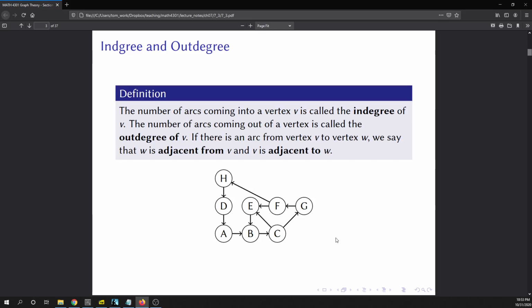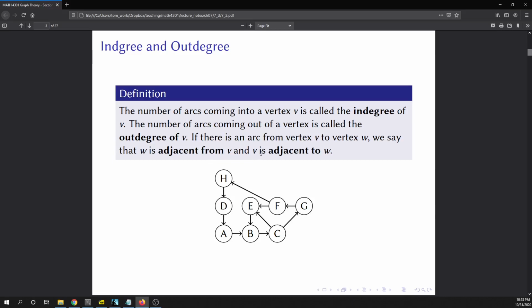Also, in the terminology for adjacent, we have to make a distinction, right? If there's an arc from a vertex V to a vertex W, we say that W is adjacent from V, right? So here, A is adjacent from D, but D is not adjacent from A, okay?